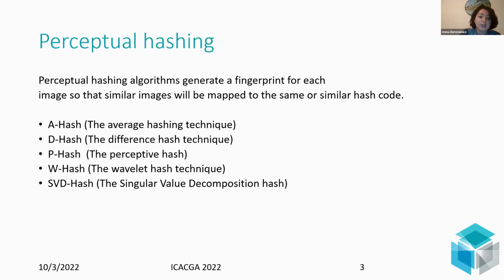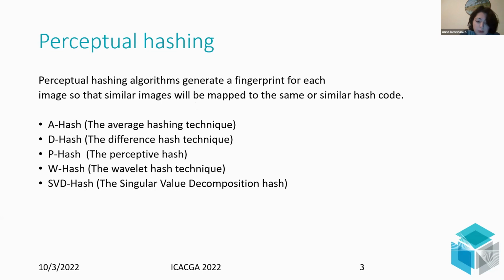Well, what is perceptual hashing? It's widely used for tasks that require matching of similar images. Generally, perceptual hashing generates a fingerprint for each image, and therefore we can map similar images into the same or somehow similar hash code.